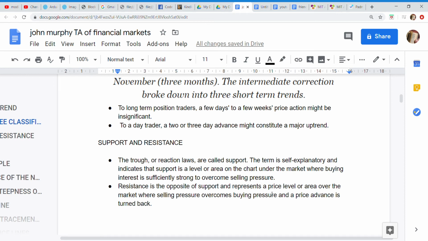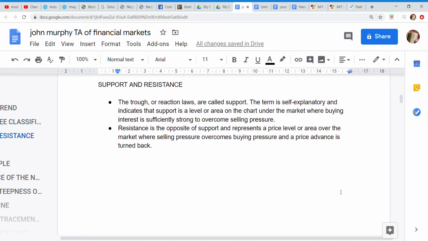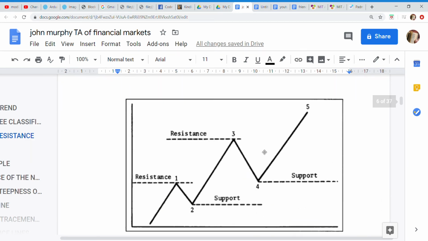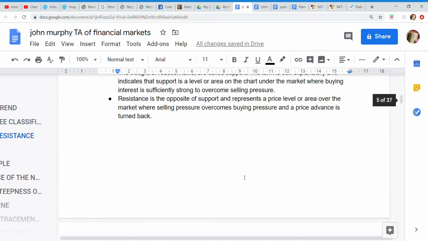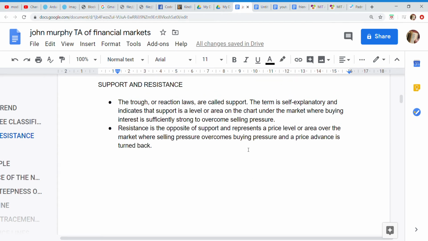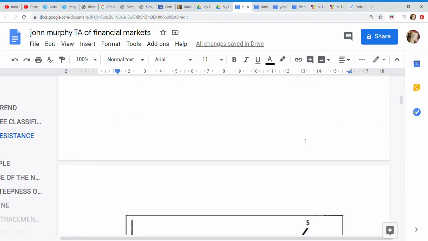Resistance is the opposite of support and represents a price level or area over the market where selling pressure overcomes buying pressure and the price advance is turned back.